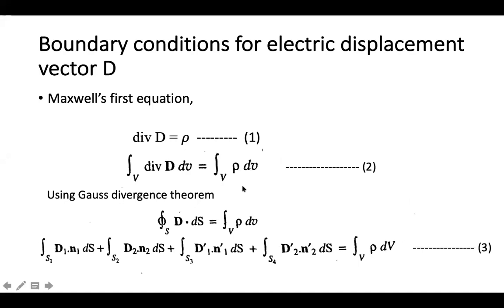Because this is a volume integral, to convert it into a surface integral I can use the Gauss divergence theorem for equation 2. Using that theorem, I get this equation: integration over S of D dot dS is equal to integration over V of rho dV.